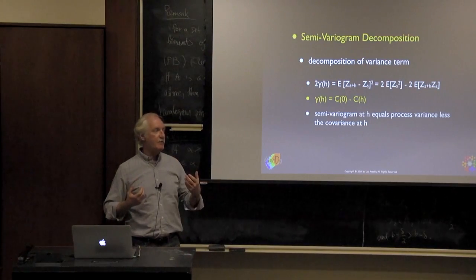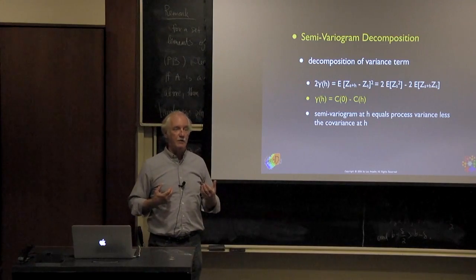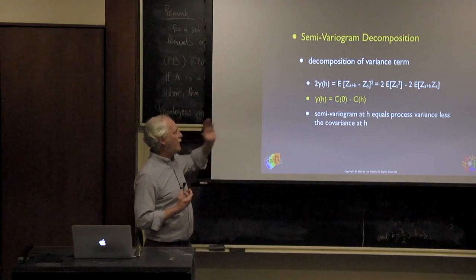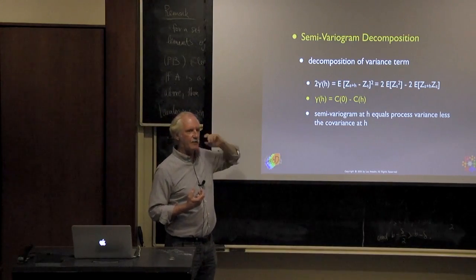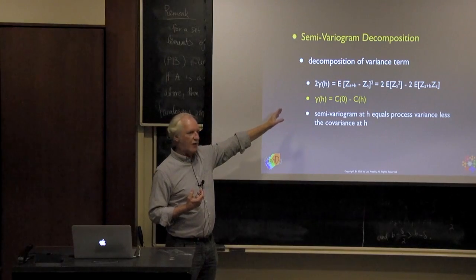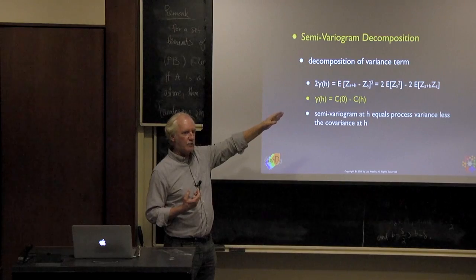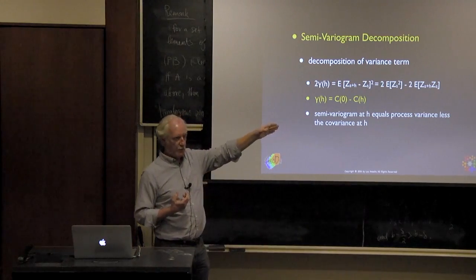But we are very comfortable with covariograms, and we're definitely comfortable with variance. So if you do a little algebra and you look at the expected value of the square difference, that's the expected value of the square of the first one minus twice the expected value of the cross product plus the expected value of the square of the second one.